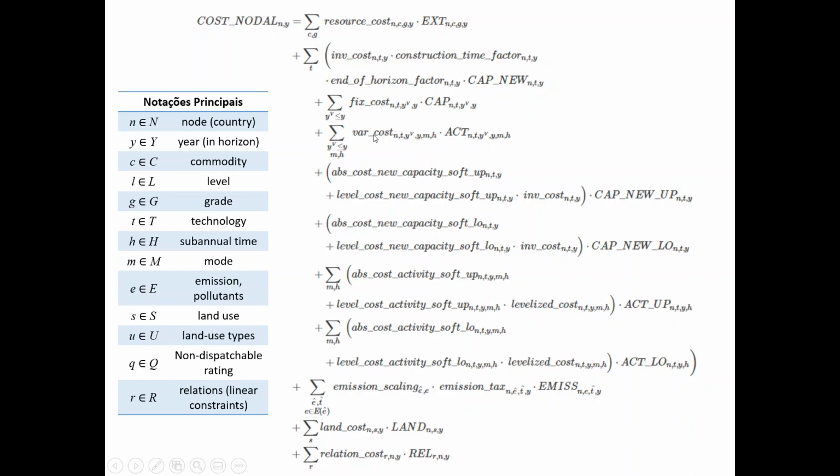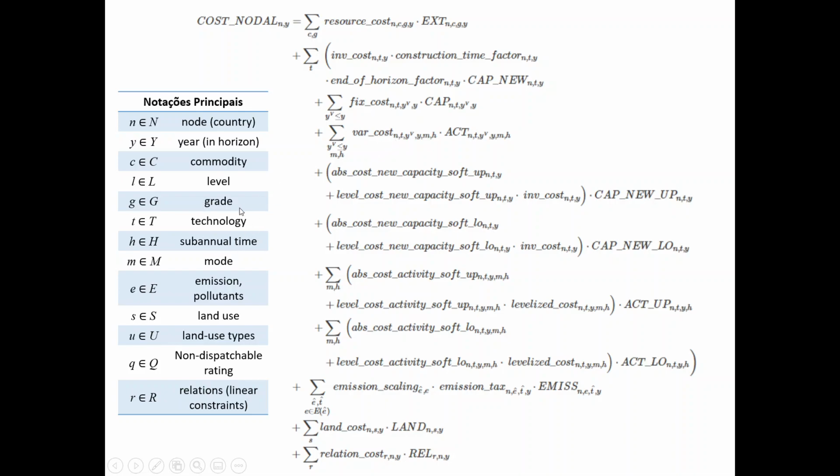If you want to give a variable cost for a technology, you need to give the name of the country that this technology is in. You need to give the time when the technology was built, the subannual time step.